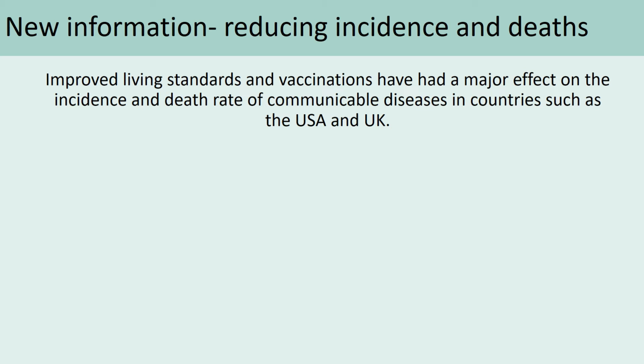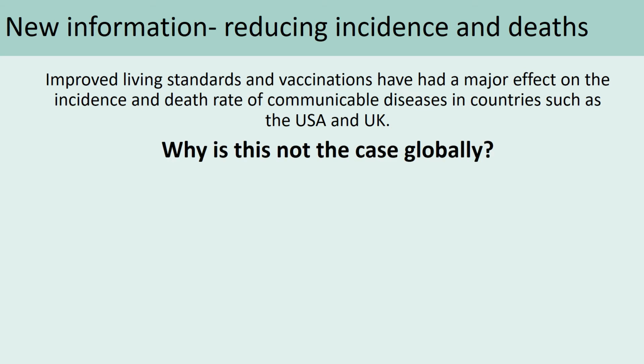We have got sewage systems which take away all of the sewage, so it's not lying on the streets, which does happen in many places still. We've got vaccination programs where at certain ages you will have certain vaccinations. We've obviously got things like penicillin, antibiotics. All of those have reduced the incidence of death from infectious diseases.